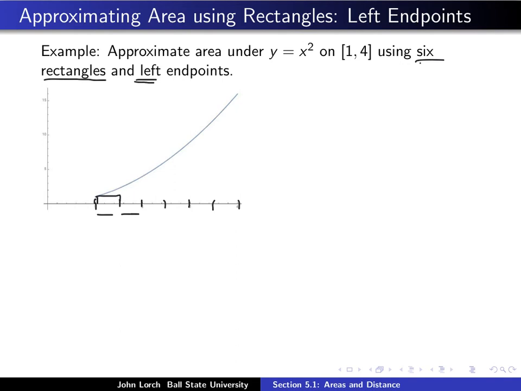In the second piece, again, we find the left endpoint, and then we go up until we hit the curve, and then draw a rectangle of that height that extends over that entire piece of the x-axis, and we just repeat this. At each interval, we find the left endpoint, we go up to the curve to form a rectangle.